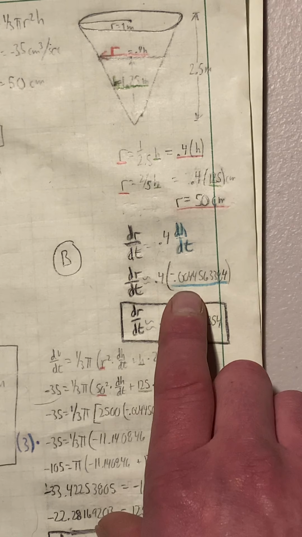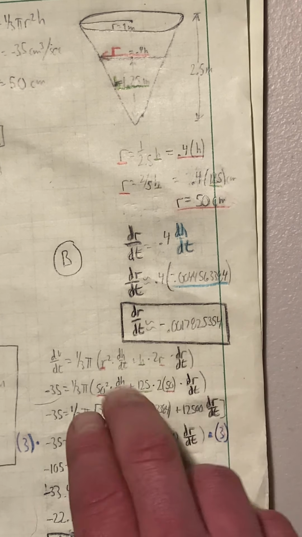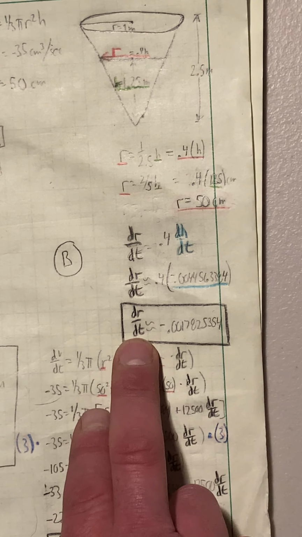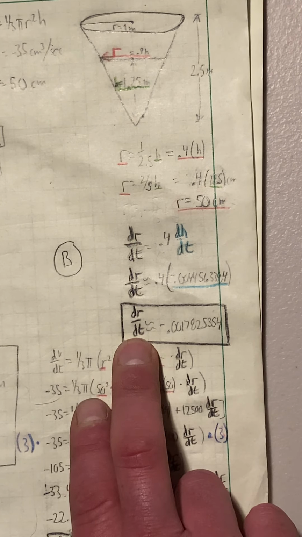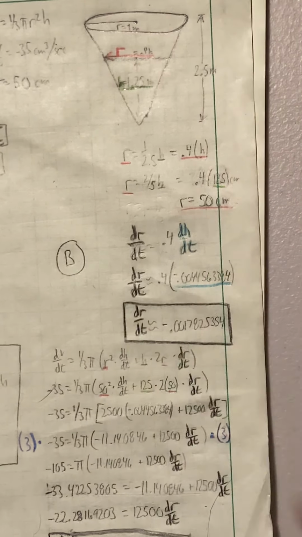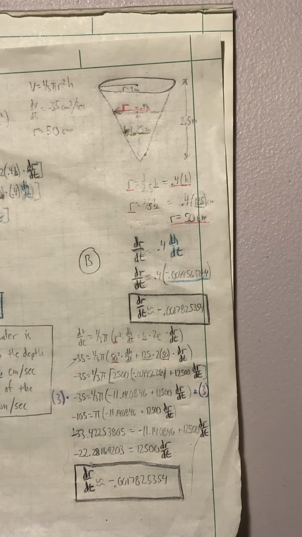We just found dH over dt, so we multiply that times 0.4, and that should give us the rate of change of the radius of the top of the water when the depth is 125 centimeters.